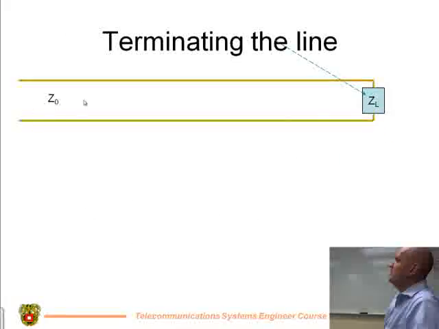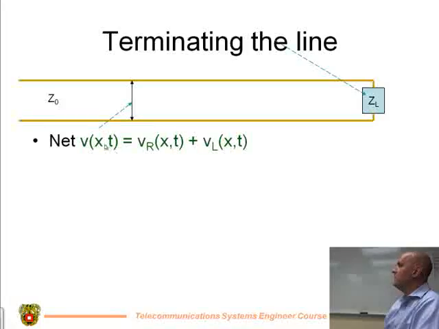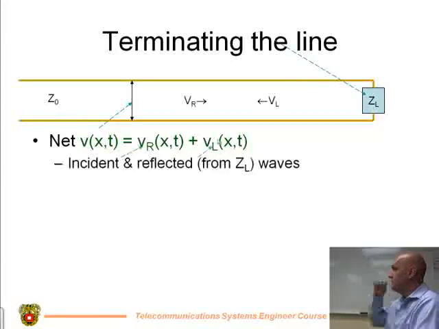So here's what happens. We terminate the line in a load impedance. We know that this transmission line has a characteristic impedance of Z0, and so our voltage is V, some rightward going wave and a leftward going wave. What ideally would we want this leftward going wave to be? Zero. Yeah, 0. We don't want to bounce power back and waste it, and have interference and all of that. So we want that to be 0.